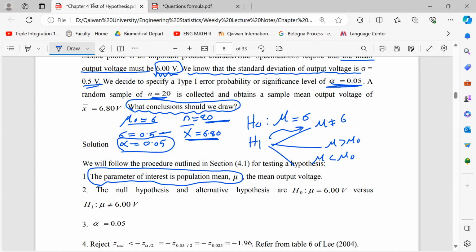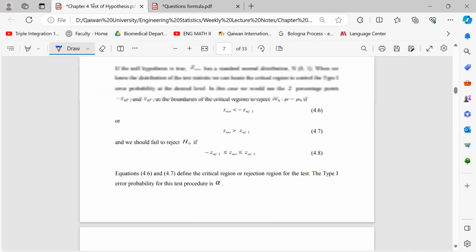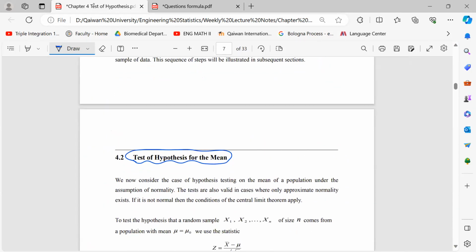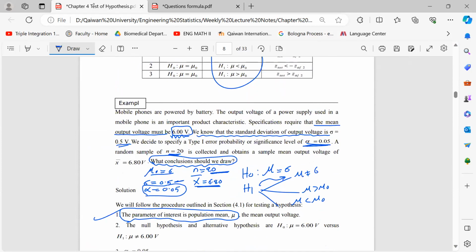Even for the proportions. So in the first step, we just decide which topic the example belongs to. This example is a hypothesis test for the mean, so the parameter of interest is the population mean.